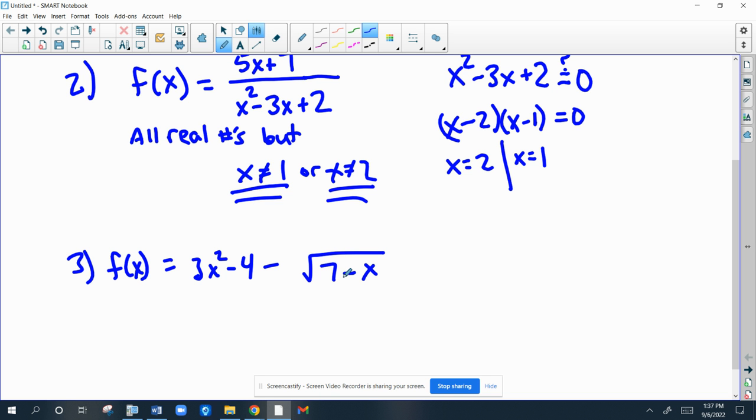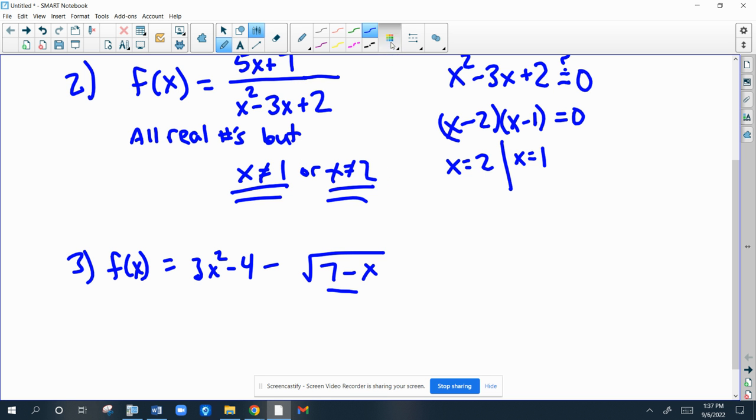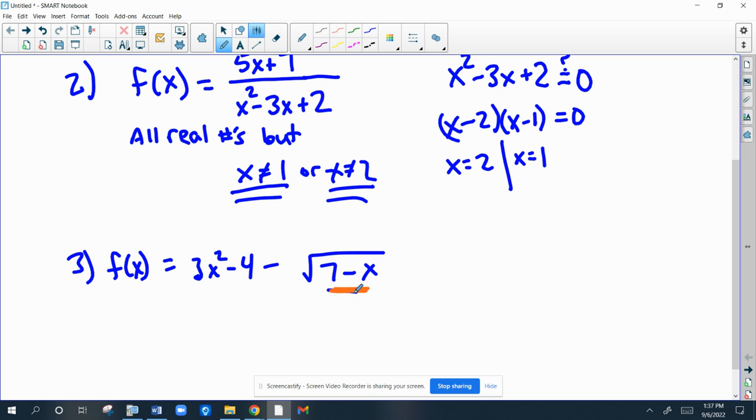There's a square root. You cannot take the square root of a negative number. That means whatever is inside the square root, which is 7 minus x, must be positive, or it could be 0, because you can take the square root of 0.